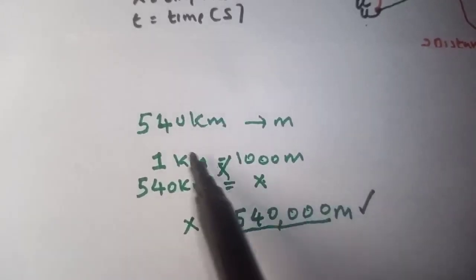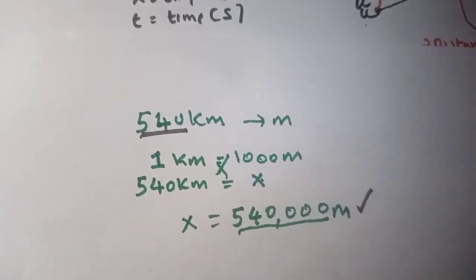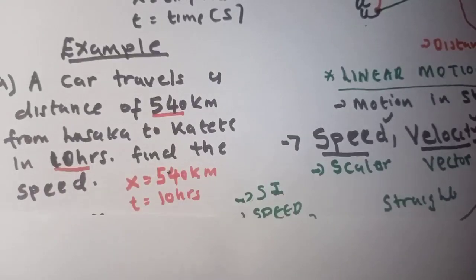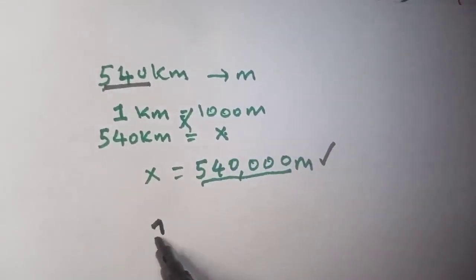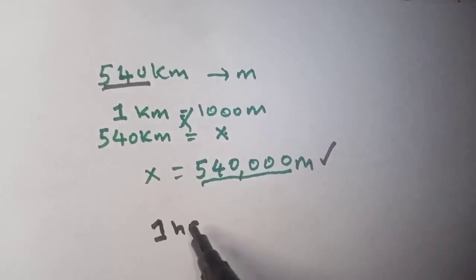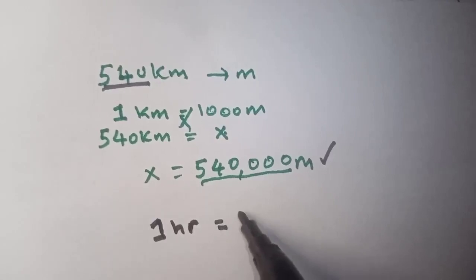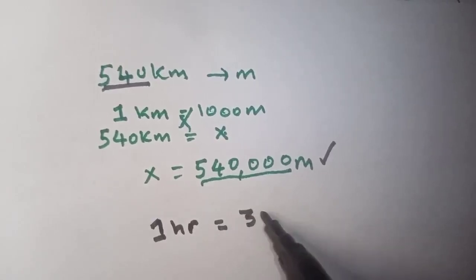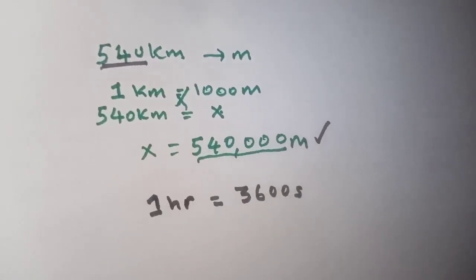So we've converted the 540 kilometers into meters. Then the other thing we're supposed to convert is the time, 10 hours, into seconds. We know that 1 hour is equal to 3,600 seconds.